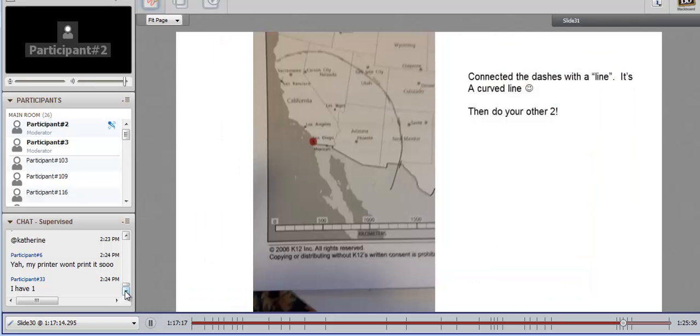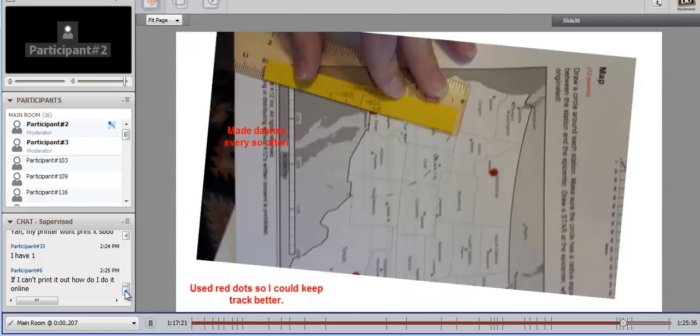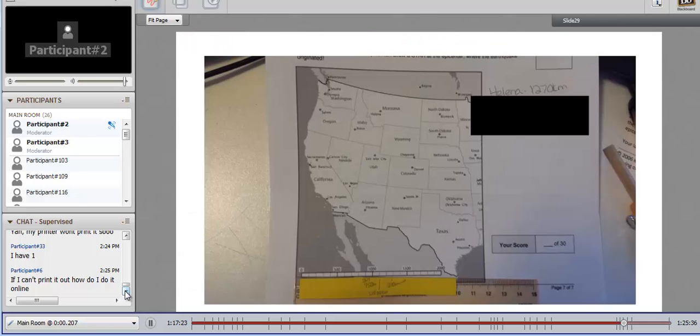There's a closer one. Where is it? Oh, it might have been too fuzzy. Some of them were too fuzzy.